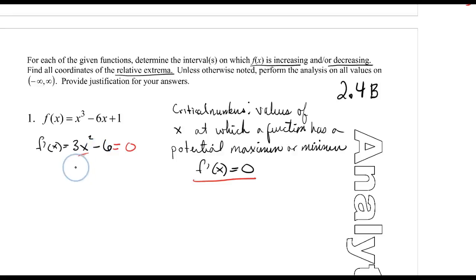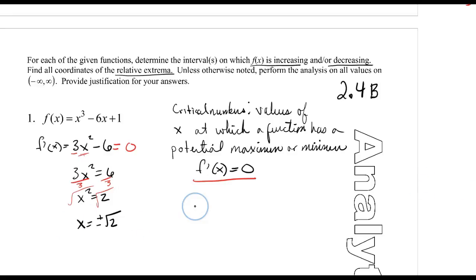We can go ahead and solve this for x then. 3x squared equals 6. x squared equals 2. Take the square root of each side. And x equals plus or minus radical 2.